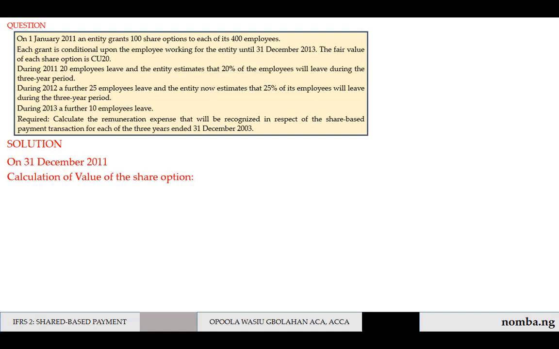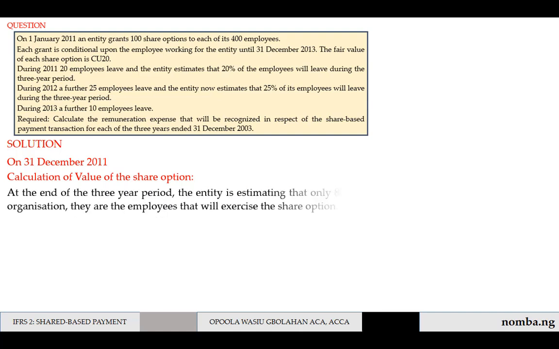So is this a 20% estimate of the employees that will leave during the 3 years? That means at the end of the 3 years, we are estimating that only 80% of the employees will remain with us, and they are the ones that will exercise this share option.